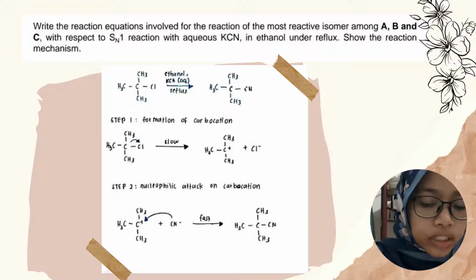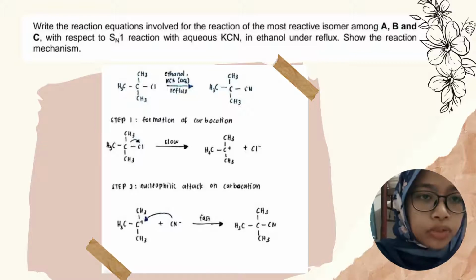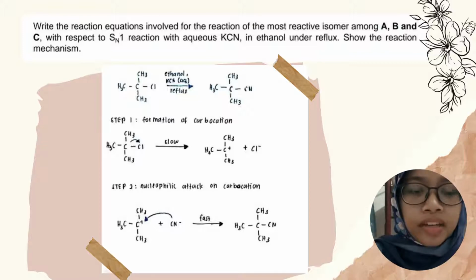The nucleophile used in this reaction is CN minus. The nucleophile, which is rich in electrons, will attack the carbocation and be attached to it. The reaction between them is fast.